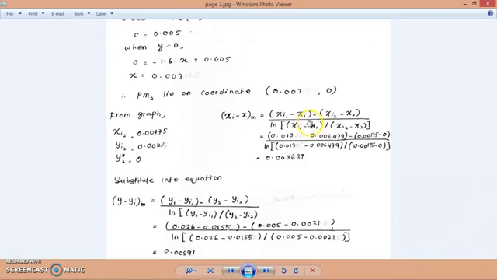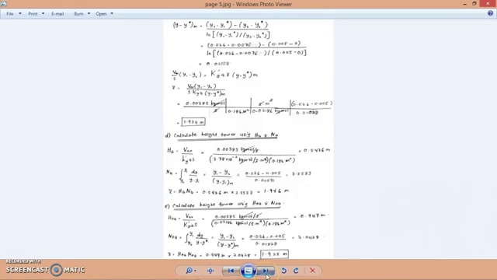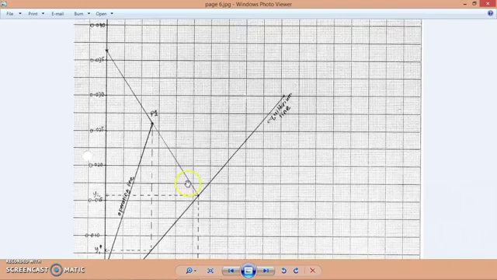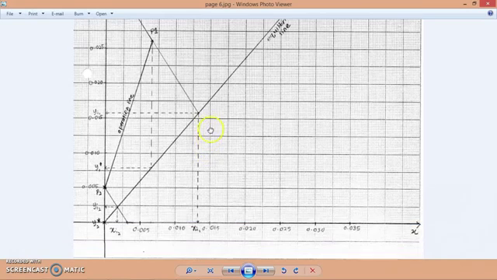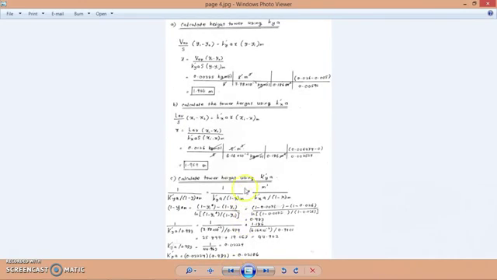And again, x1 and x2 we can get from the material balance, and xi1 and xi2 you can get from the graph. Okay, we look over the graph again. xi1 you get from slope number 1, which is the intercept on the equilibrium curve. This will be your xi1. xi2 is from slope number 2, which is the intercept on the equilibrium curve. This is xi2. Just substitute back into this equation.